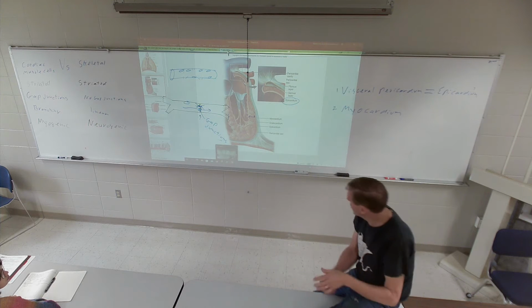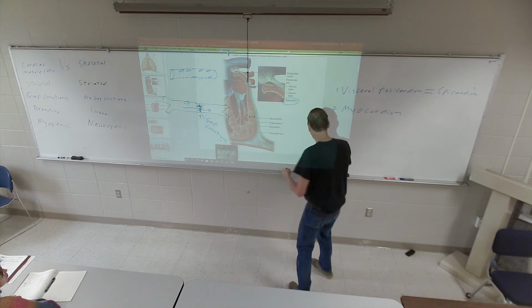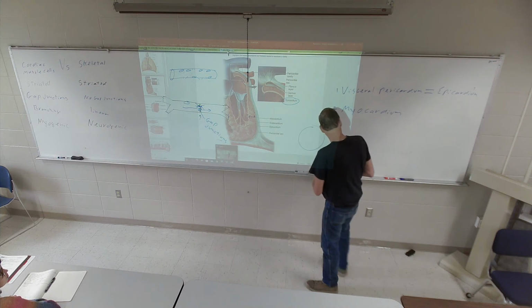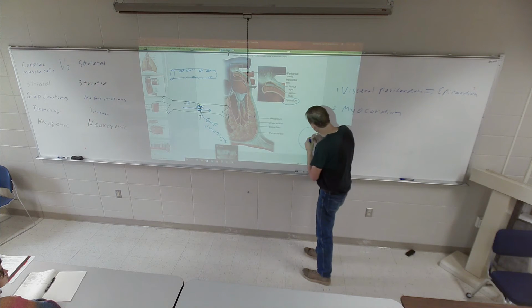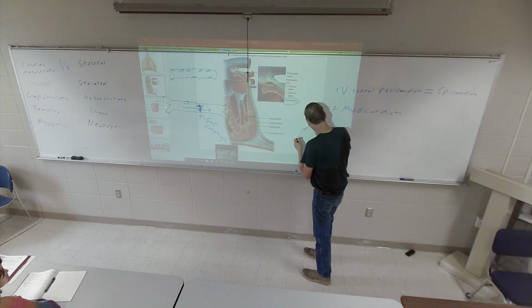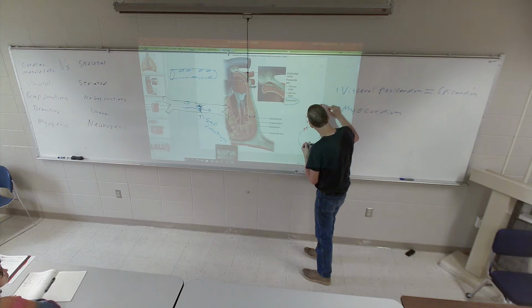What those were, if you imagine, here's your cell. You have a protein that we refer to as a voltage-gated or voltage-activated sodium channel or gate.